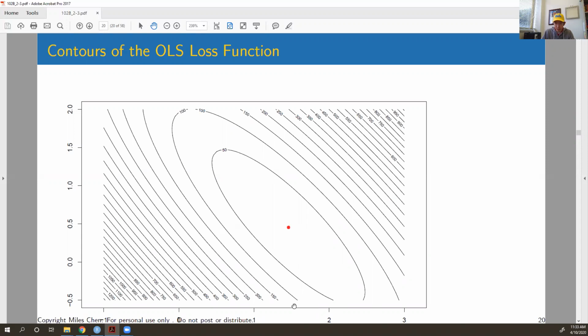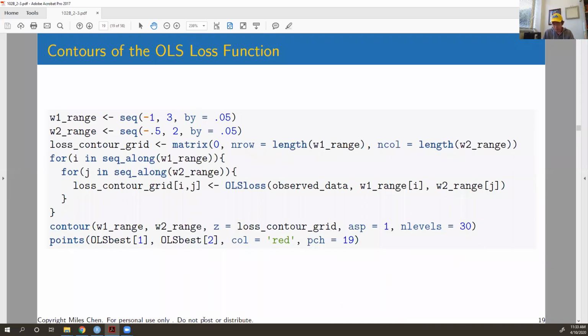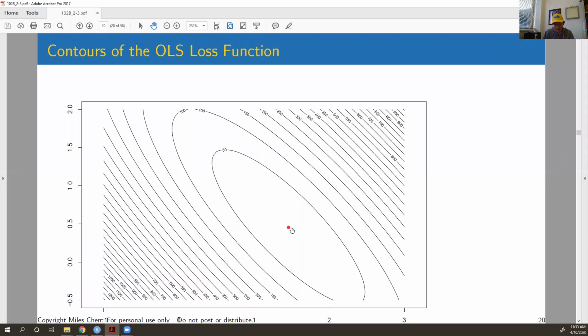So here it says the best W1 and W2 is right here at this red dot, which has the coordinates 1.458 and 0.453. These are the values of W1 and W2 that minimize the loss function. So this is where we are here.